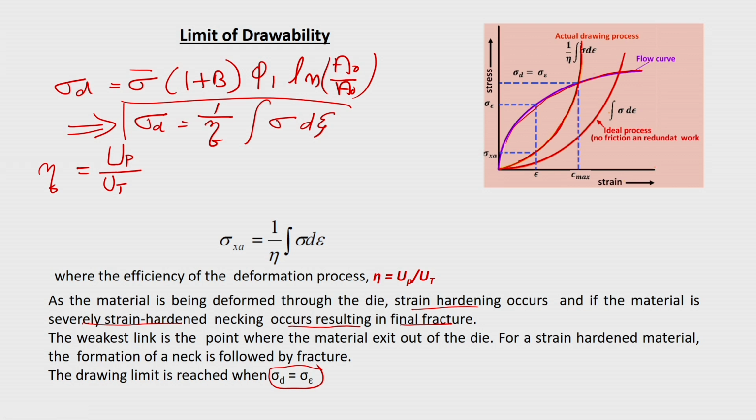Beyond that, the drawing stress with more strain will be higher than the flow curve of the material. When it is higher than the flow curve, that part will deform, necking will start and it will fail at that point. As long as it is below the flow curve, it will not fail.